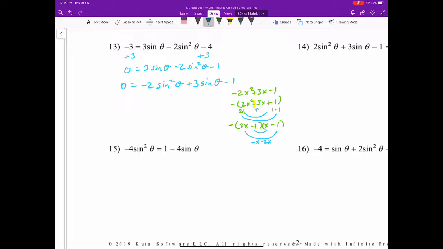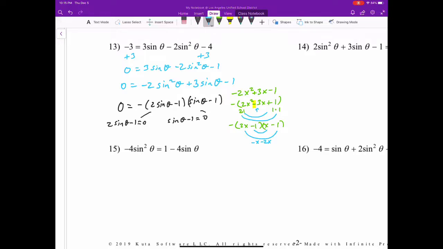Okay, so let's rewrite this problem again. 0 is equal to negative (2 sine of theta minus 1)(sine of theta minus 1). And like we did before, we break this into two possible answers: 2 sine of theta minus 1 is equal to 0, and sine of theta minus 1 is equal to 0.